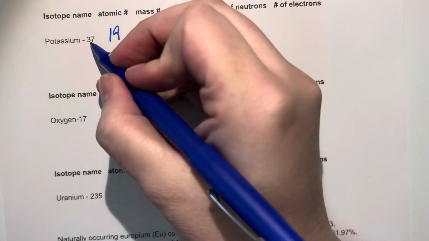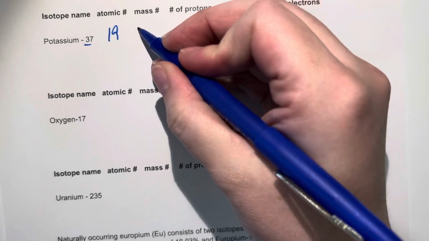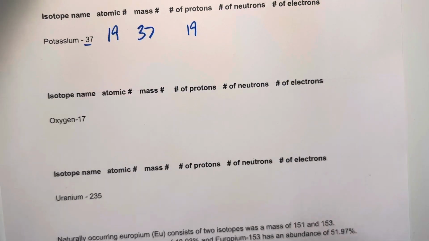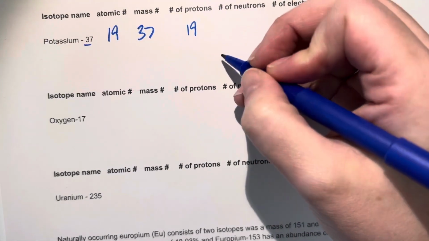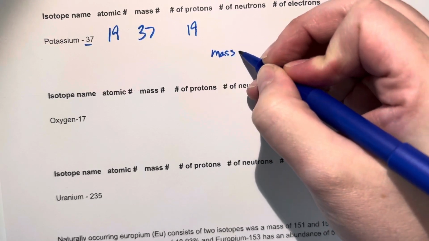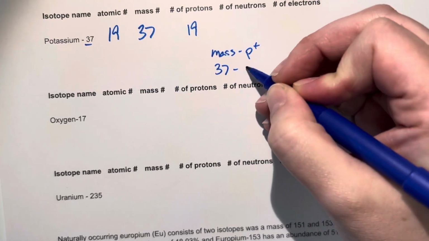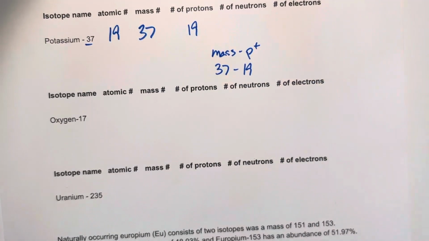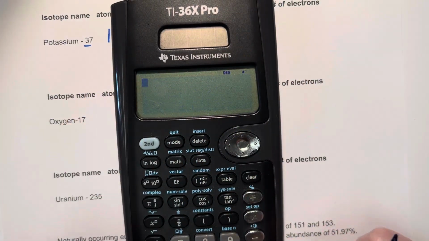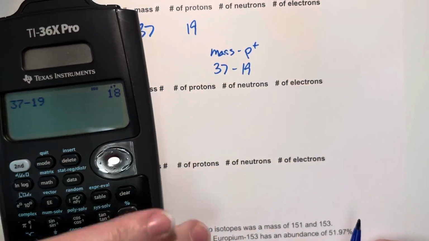My mass number is stated in the isotope notation. So potassium 37 has a mass of 37. My number of neutrons is going to be my mass minus my protons. So my mass was 37 minus 19. Gives me 18.